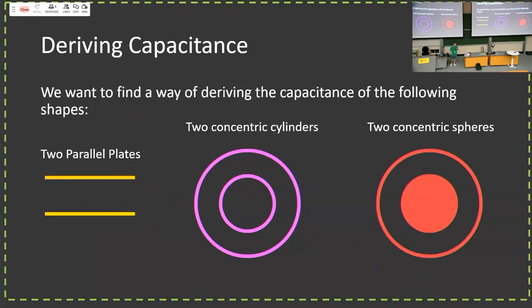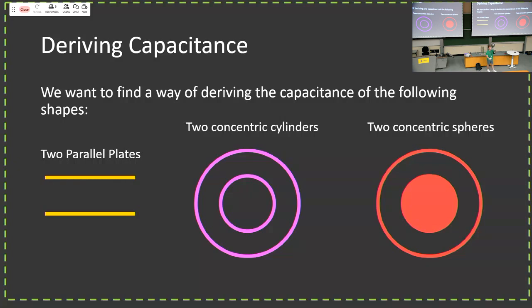All right. So I mentioned at the start of today that it is very useful for us to derive the capacitance of various shapes, because there's only a few common shapes you're ever going to deal with. It's always two parallel plates, the goats here. Then two cylinders, like this one, a cylinder inside a cylinder.